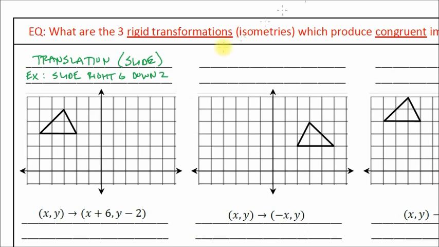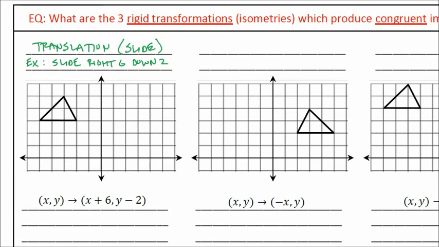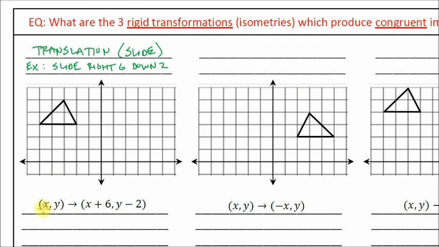Actually, let's take a look at the bottom first. To describe this using transformation notation, we're going to take all of our original points, take the x value and add 6 to it. That's going to move the coordinate right 6. Then we're going to take our y value and subtract 2 from it. That's going to move our y values down 2, which is what we want to do.